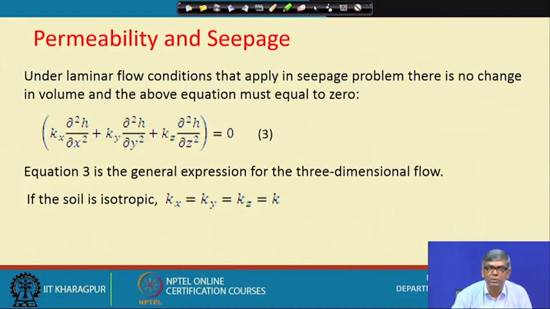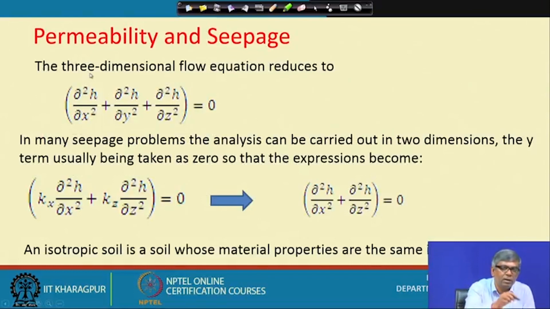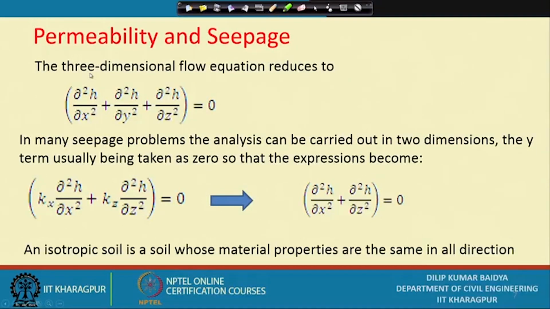Since k cannot be 0, the remaining portion has to be 0. Based on that, the final expression is del 2 h del x square plus del 2 h del y square plus del 2 h del z square equal to 0. This is the expression for the isotropic condition.